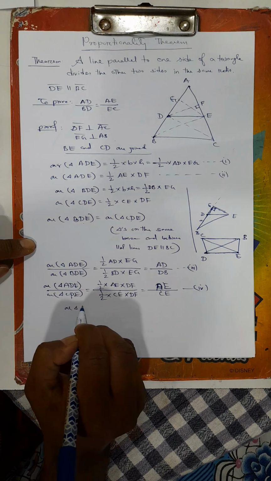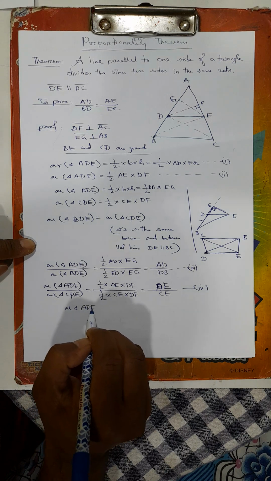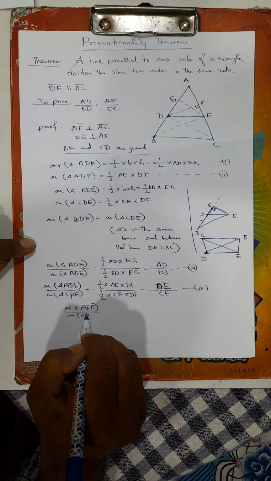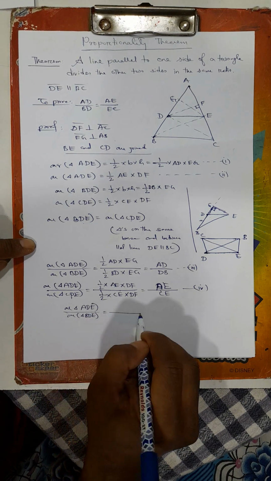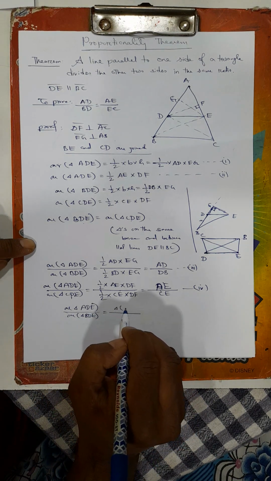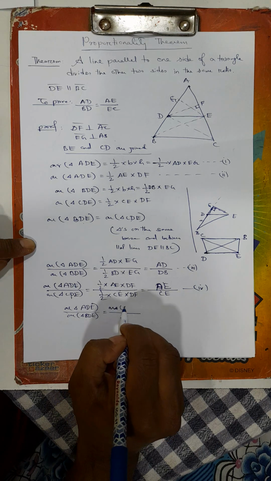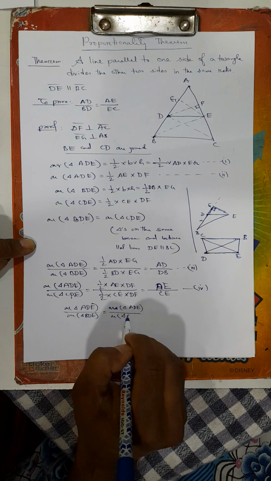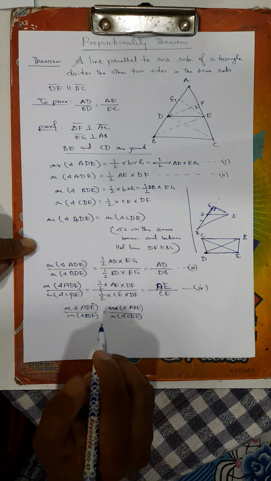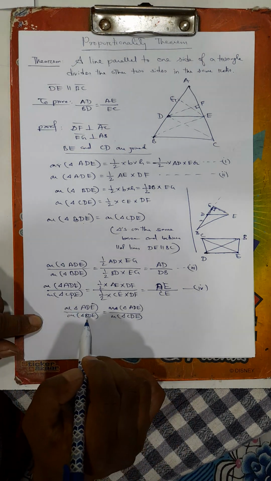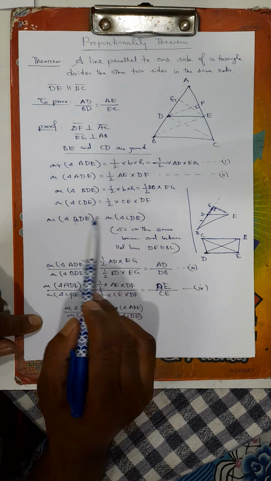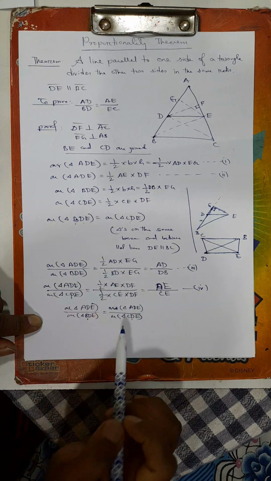Area of triangle ADE by area of triangle BDE equals area of triangle ADE by area of triangle CDE, since their denominators are same, triangles on the same base and between parallel lines.